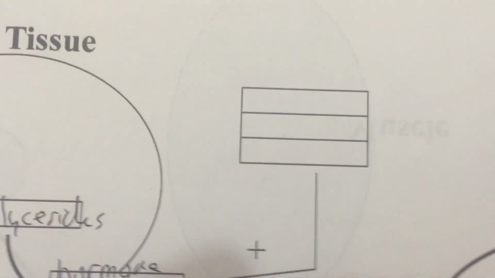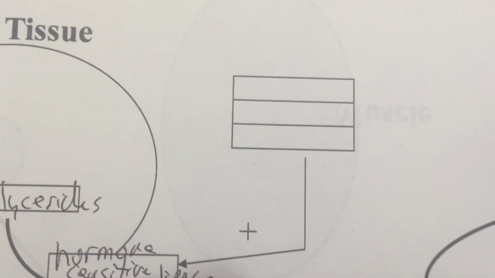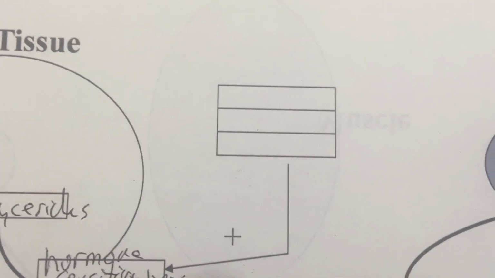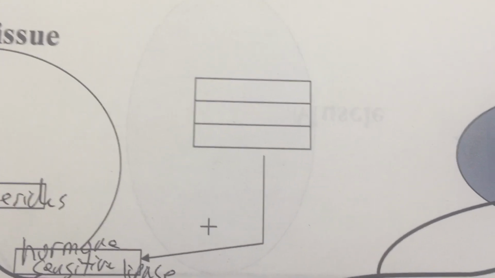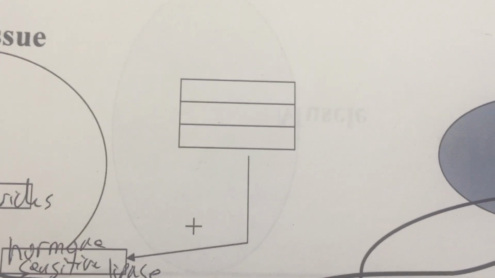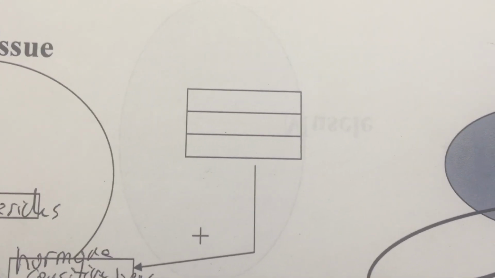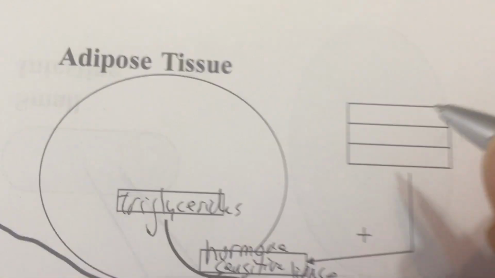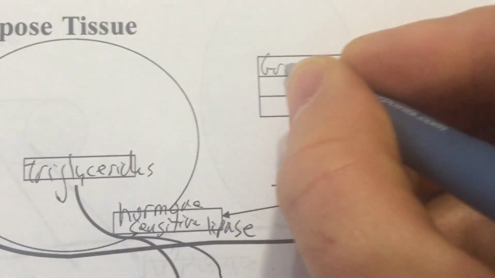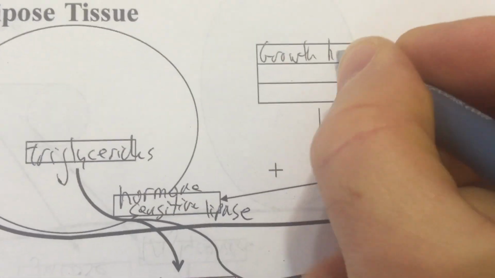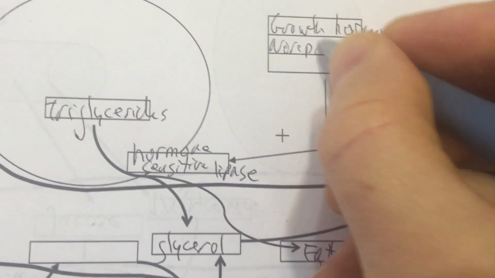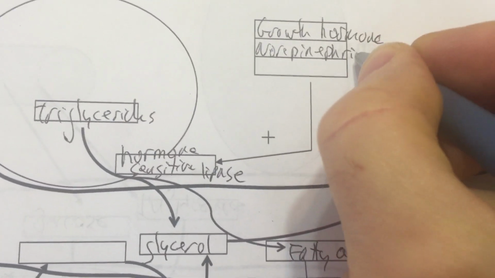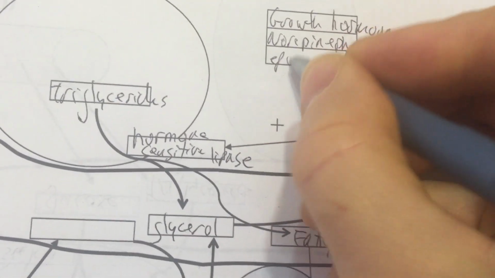So those hormones would include, you're looking at growth hormone, norepinephrine, and epinephrine from your list on the previous page. Those are the hormones that help you to break down fats during exercise: growth hormone, your norepinephrine, and your epinephrine.